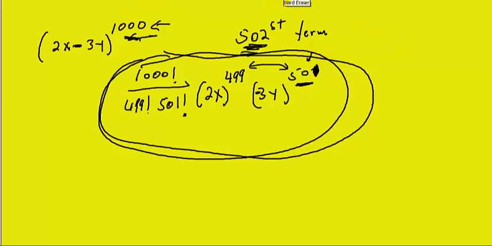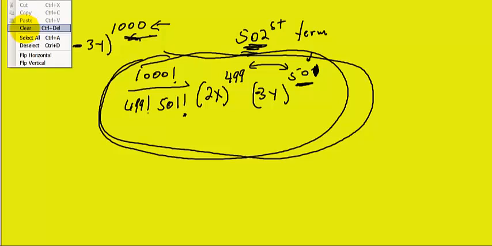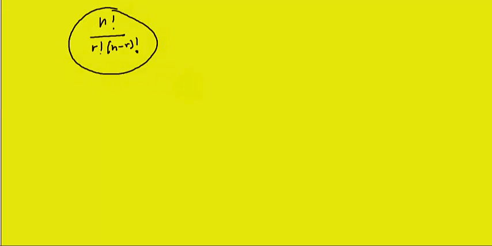Now, the last thing we need to talk about is this. When you have n factorial over r factorial times (n minus r) factorial, which is really the coefficient in the binomial theorem, in your calculator there's always a button called nCr, n choose r. That means you are picking this many numbers out of a total of that many numbers.